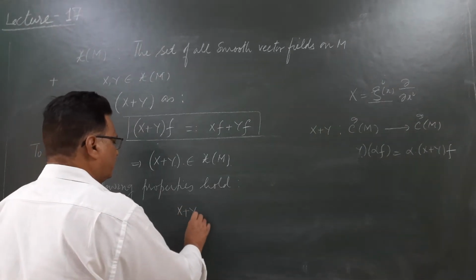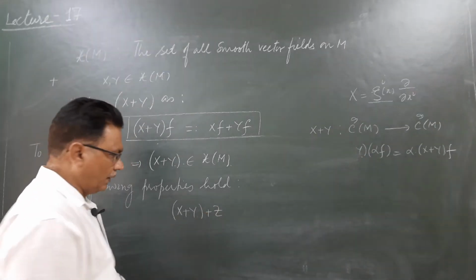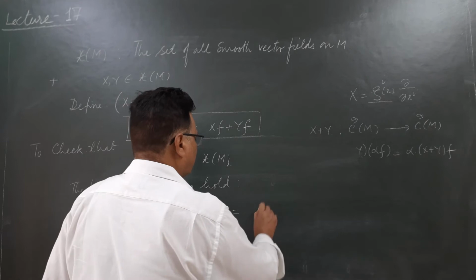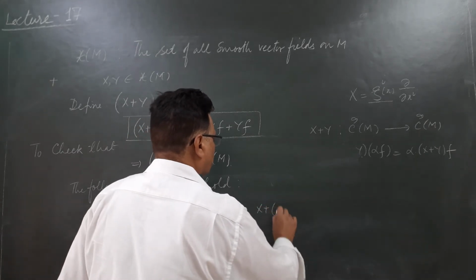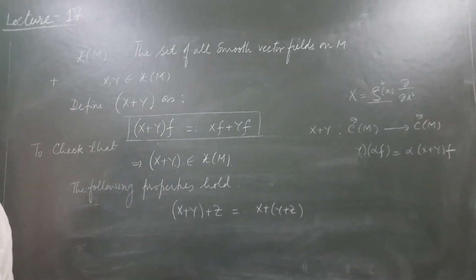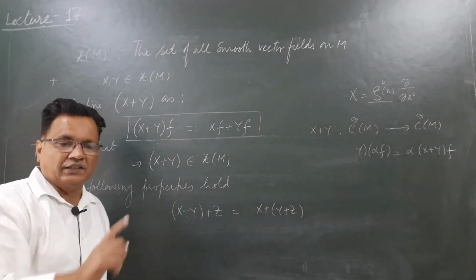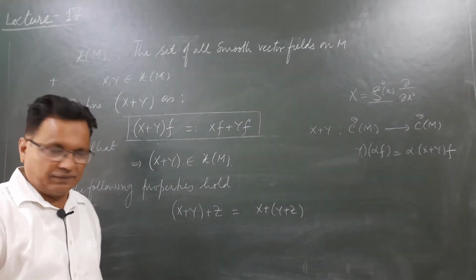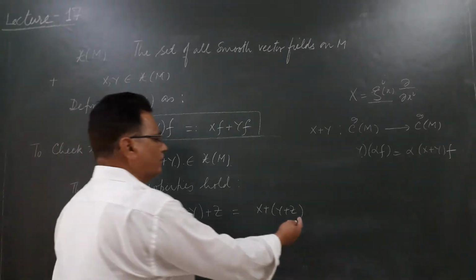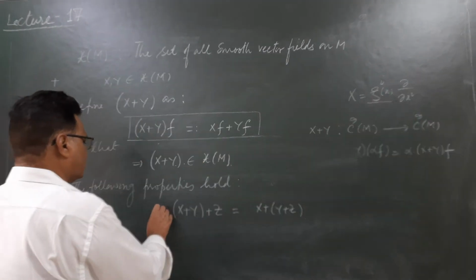If I take three vector fields x, y and z and you add them like this or you add them like this, you will notice that the two sums are same, and that shows that this sum which you have defined in the box satisfies the associative property. Okay, this is a matter of verification. One can easily verify.